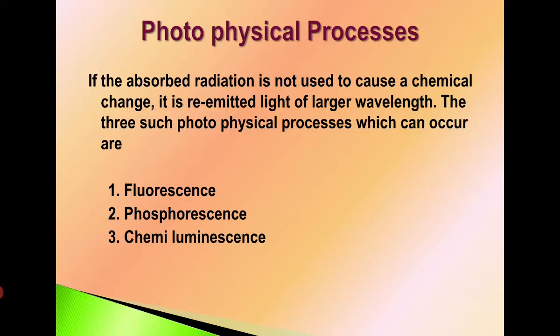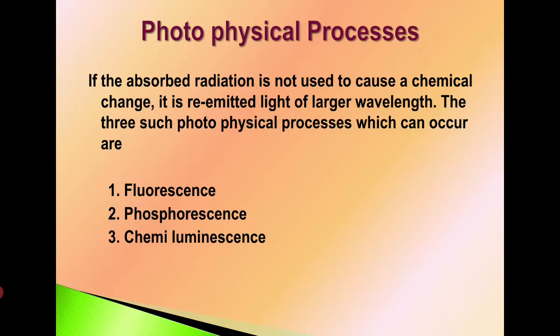In the previous parts we have seen that in the primary process only the absorption of radiation and the excitation of the electrons takes place. That is, if a substance absorbs UV light or visible radiation, which are considered photochemical radiations, then the electrons in the substance get excited to the higher levels.